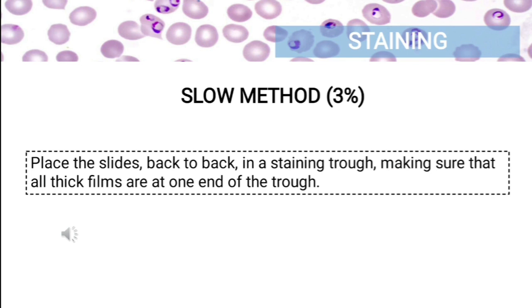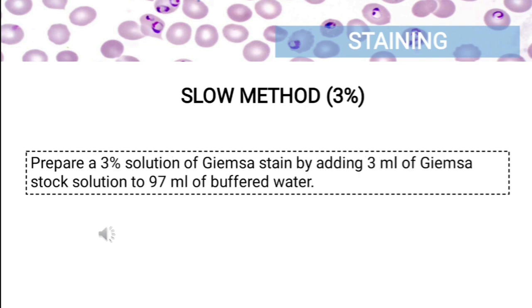Next, place the slides back to back in a staining trough, making sure that all thick films are at one end of the trough. Then, prepare a 3% solution of Giemsa stain by adding 3 ml of Giemsa stock solution to 97 ml of buffered water. And make sure that the pH of our buffered water is pH 7.2.